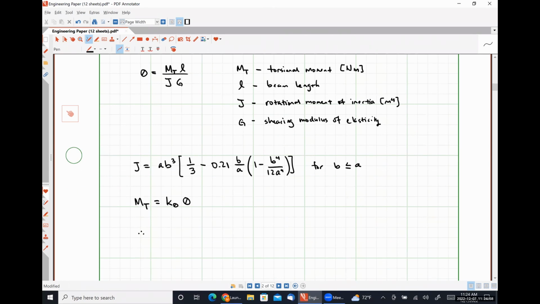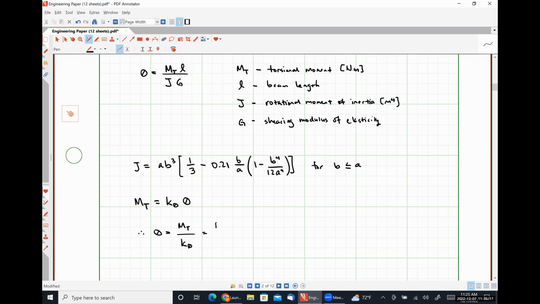So if we rearrange this expression, we would have theta is equal to our torsional moment divided by our spring constant.